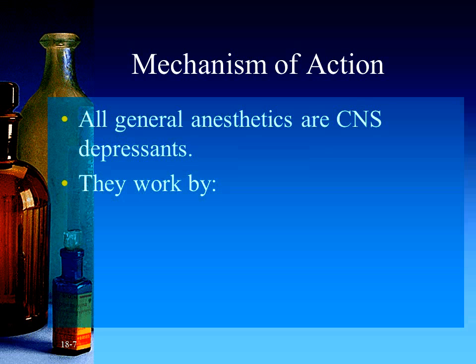So again, if you're looking for the mechanism of action, how it works within the cells is that the general anesthetics bind with the GABA receptors and therefore limit sodium ions, any ions, from crossing over the membranes and therefore decrease cellular excitability in the brain.